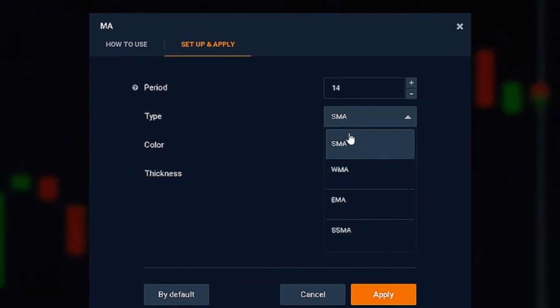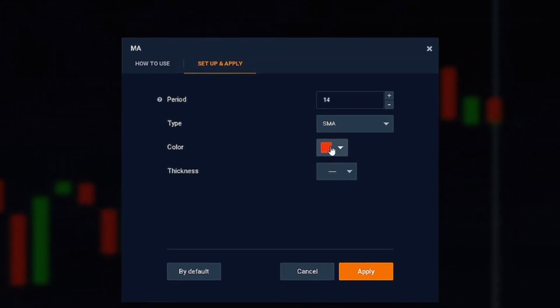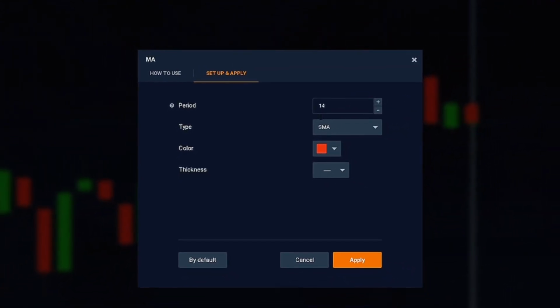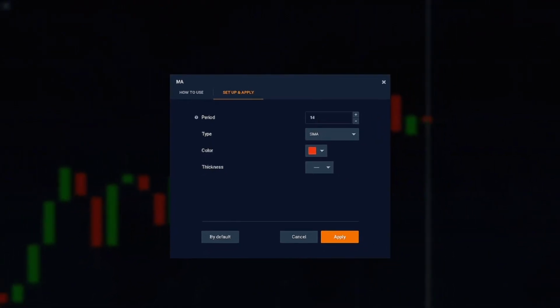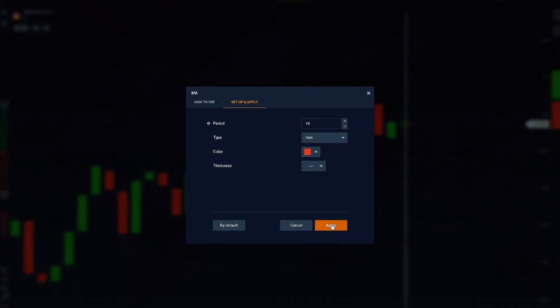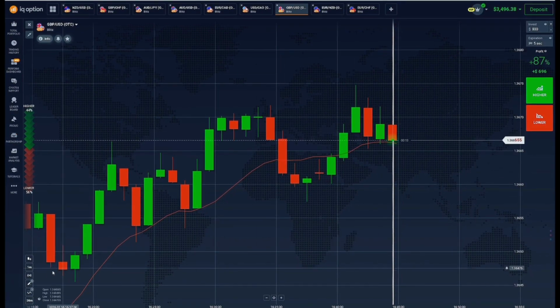Select any color of your choice, but just know that the period 14 moving average is a fast moving average, acting as our fast moving average. So you apply it to the chart, and this is what we have here.